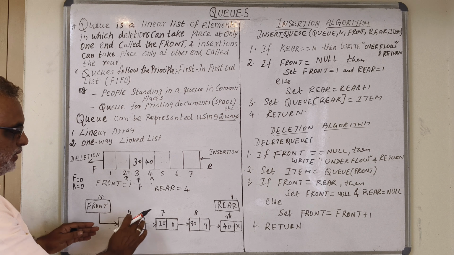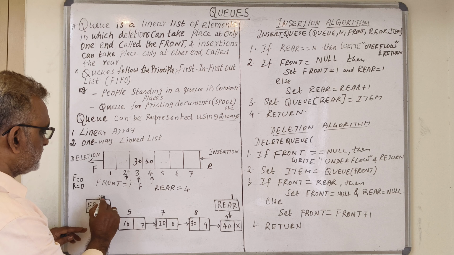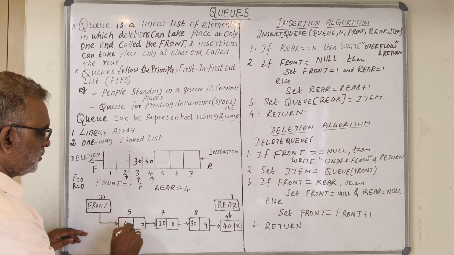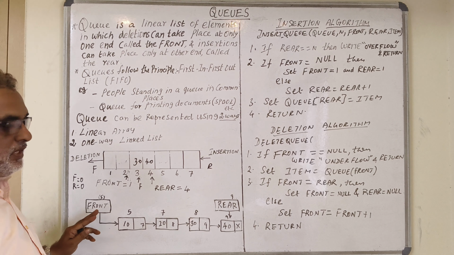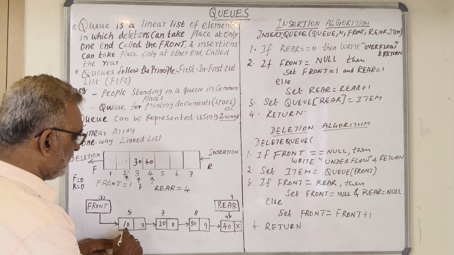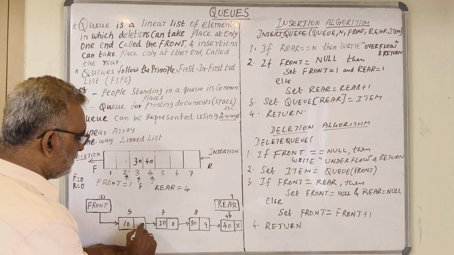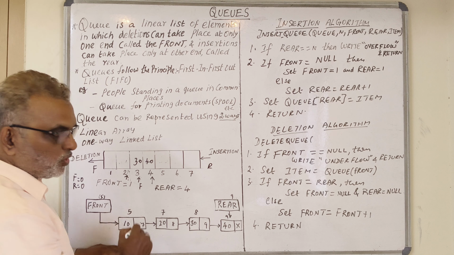The same thing can also be represented using a linked list. We have front, in which the address of the first node is available. Here we have the first node, with 10 as the value, and this part gives the address of the next node.